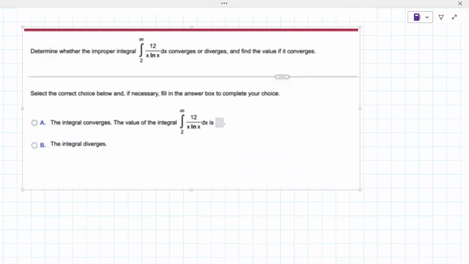It's not a great answer, but there are a few of these that do diverge. And maybe on the review, we can cover more about why they do or don't. This one also diverges.